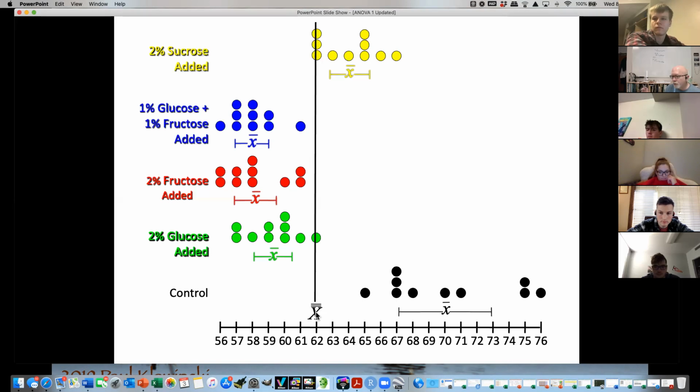Each of those deviations from the grand mean, you can square them. You can then ask how the ones from the green differ from the grand mean. These three differ from the grand mean, these two, this one, and these two. All of those deviations squared, and do that for all of the data points.